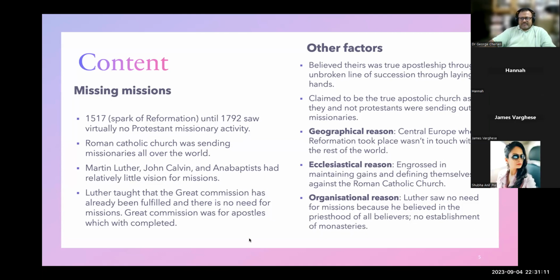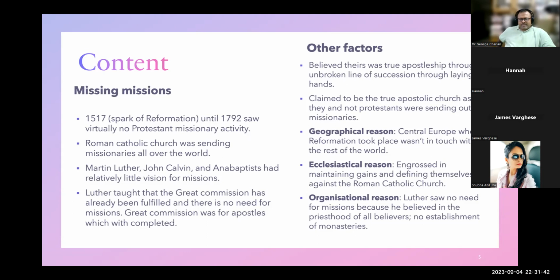Okay, thanks, Pastor, for that background. An organizational reason was that the Catholic Church already had, this is just a summary, but in that article it says they had an order of priests, they had people who did not marry, and they were living in monasteries, and their entire life was dedicated to missions. But the Protestant Church had no such need, because the basic belief was the priesthood of all believers.